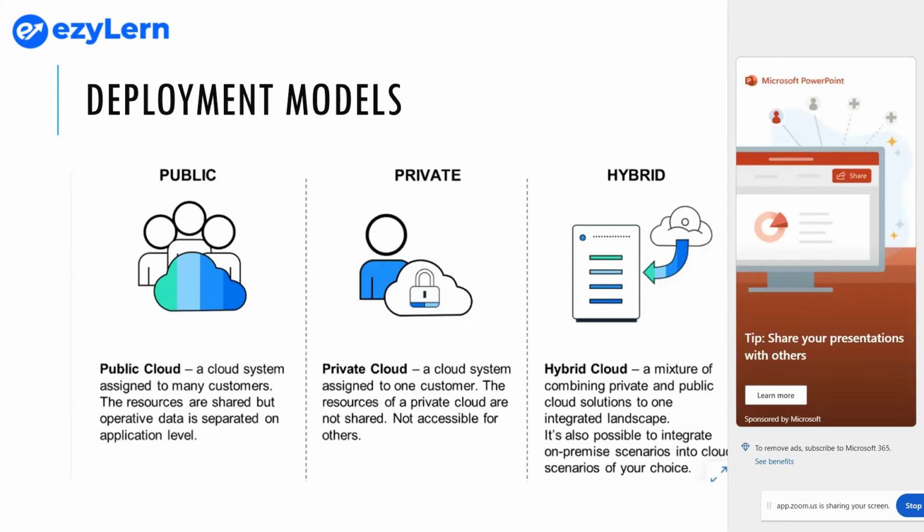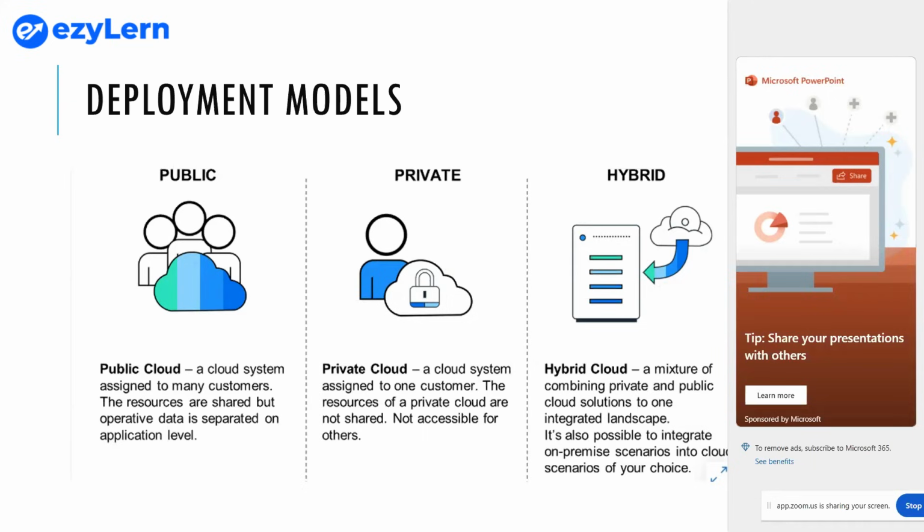Then you have the private cloud. For privacy and IT security reasons, organizations often prefer to continue to run their IT services themselves and make them accessible only to their own employees.